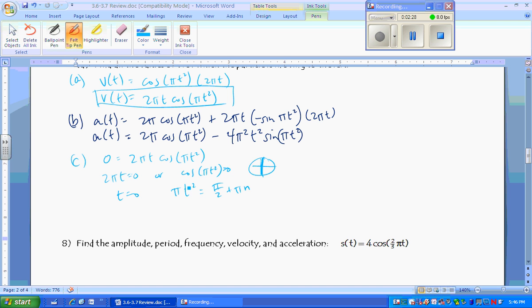Now we're still trying to find out what t is. So divide both sides by pi, or multiply by 1 over pi. We get t squared equals 1/2 plus n. Take the square root of both sides. t equals positive or negative square root of 1/2 plus n.